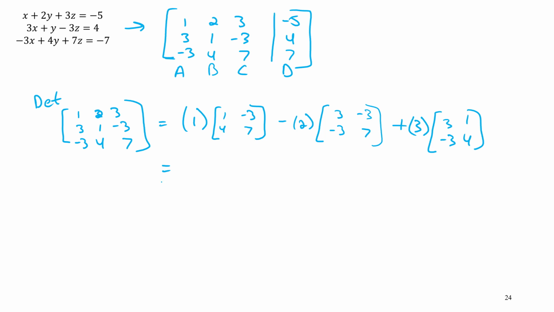Writing them out, we would get 1 times 7 minus -3 times 4.